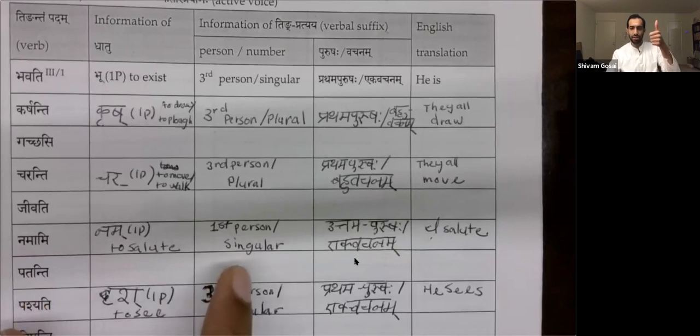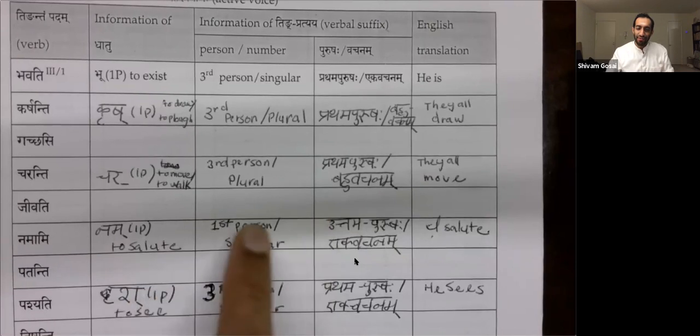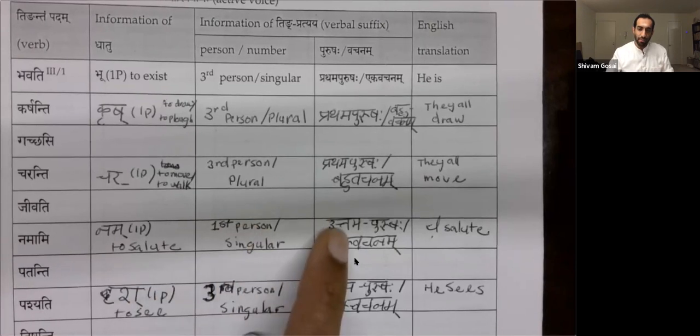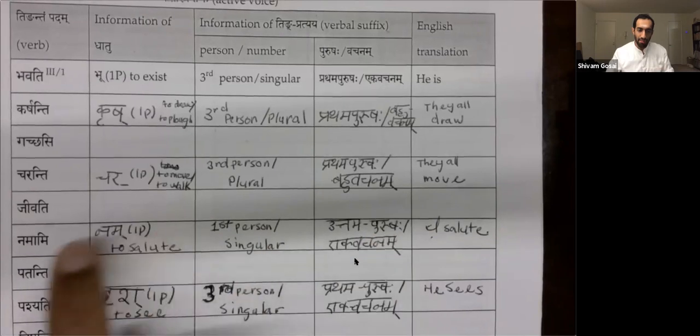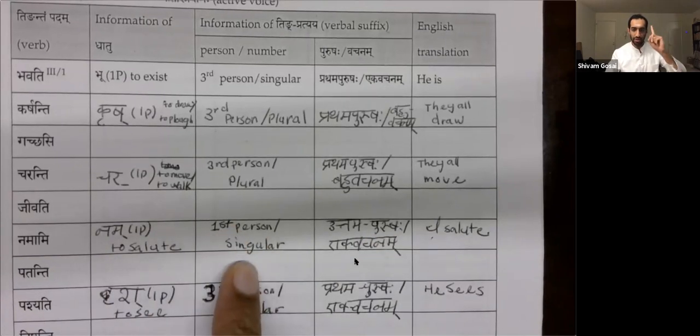Okay, is this clear? You give me a thumbs up if it's clear. You have to give me a physical thumbs up. Okay. So first person in Samskritam is uttama purushaha, and then singular is ekavachanam. So if I'm talking about first person, singular, there's only one of us.